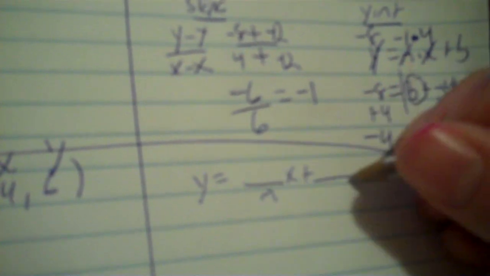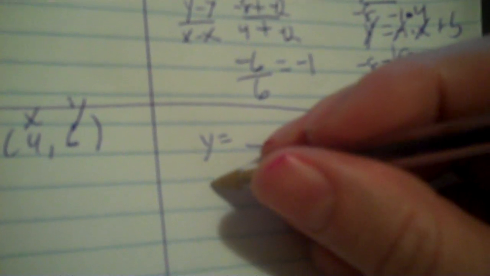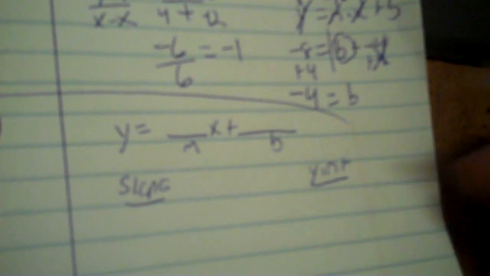Okay, example 2. We've got (2, 7) and (4, 6). Means x is 2 while y is 7. If x is 4, y is 6. So m, b. Okay, so slope, y-intercept. So slope, y minus y over x minus x.